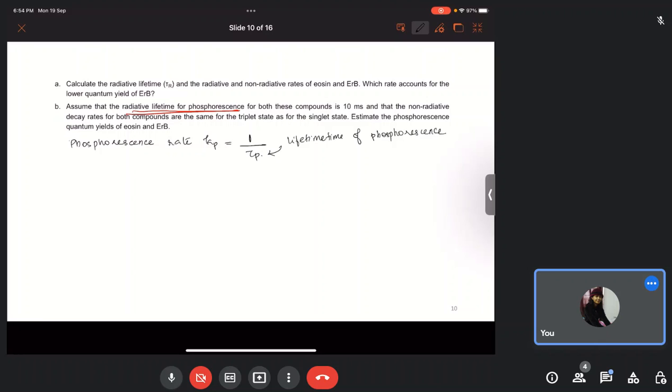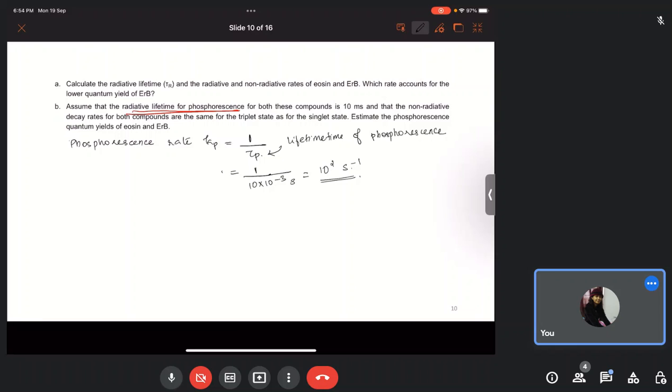It follows the same formulas as fluorescence. So this is going to be 1 divided by 10 into 10 to the power minus 3. It's 10 milliseconds, so this is going to be 10 to the power 2 seconds. So the rate of phosphorescence is 10 to the power 2 second inverse.